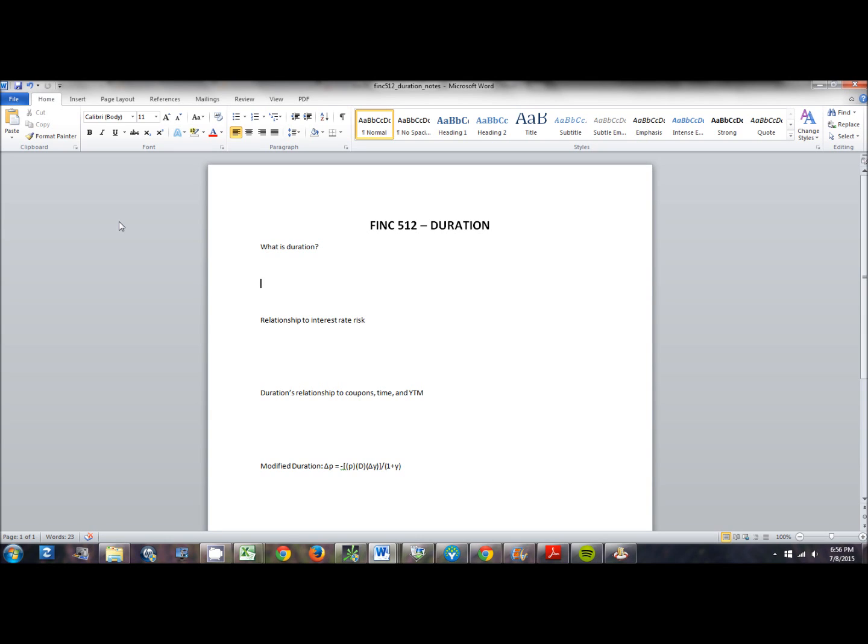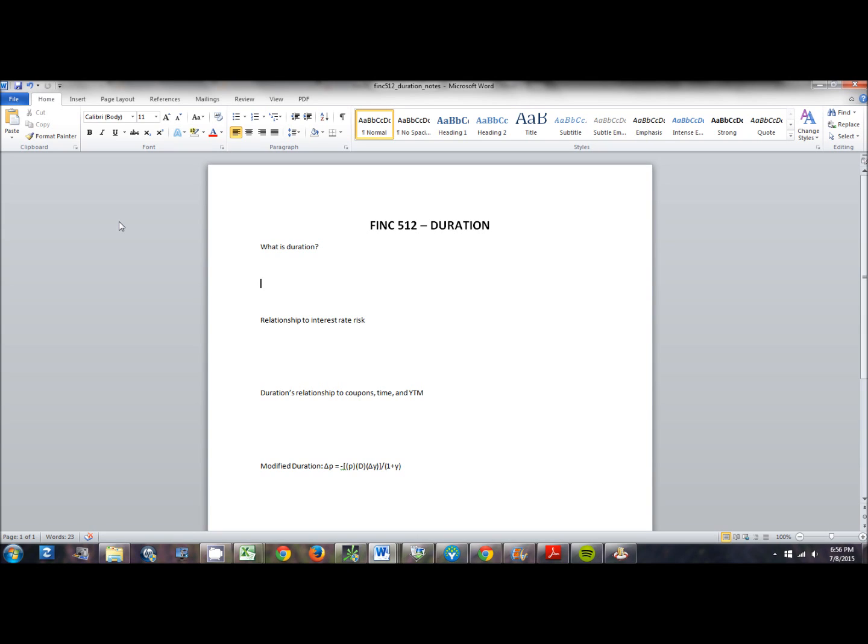Because you might remember from 311 or 680, or if you're brand new to this in 670, that's fine, long-term bonds have more interest rate risk than short-term bonds, and low coupon bonds have more interest rate risk than high coupon bonds.